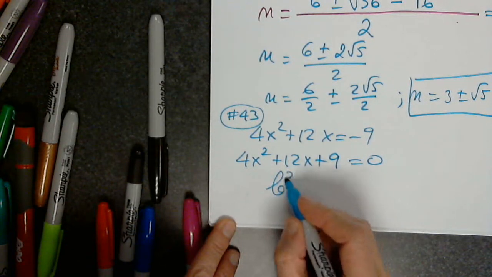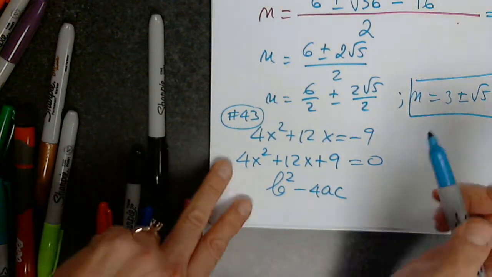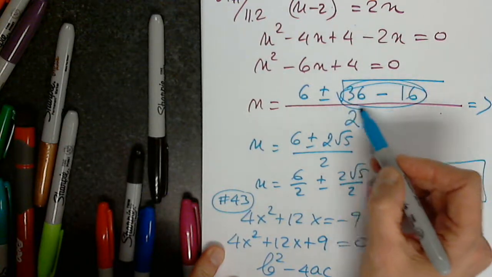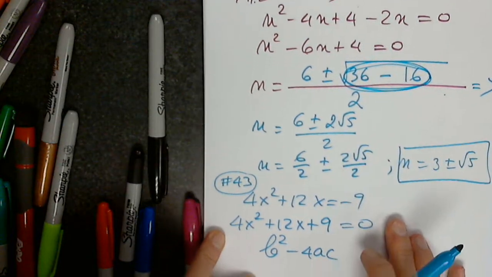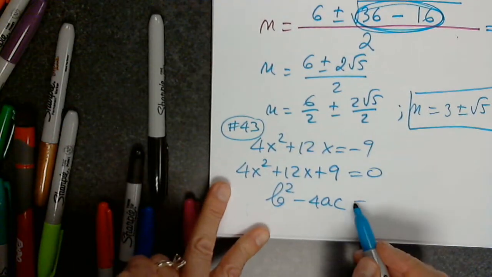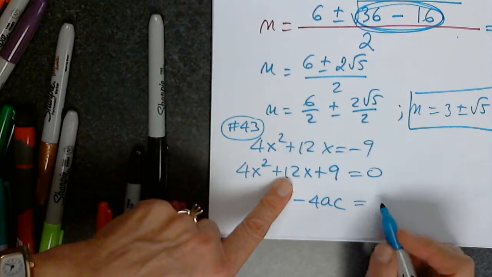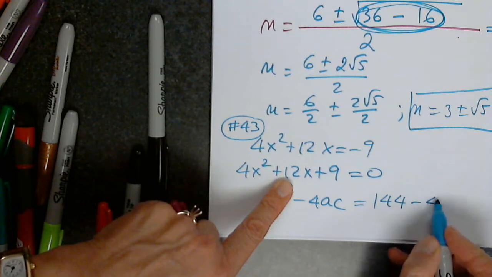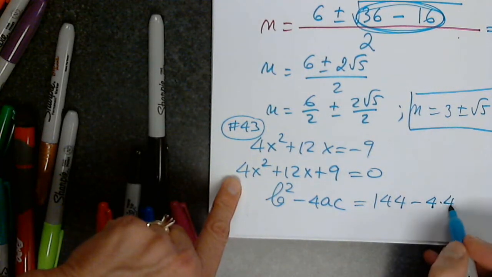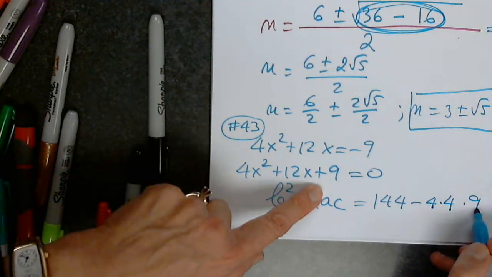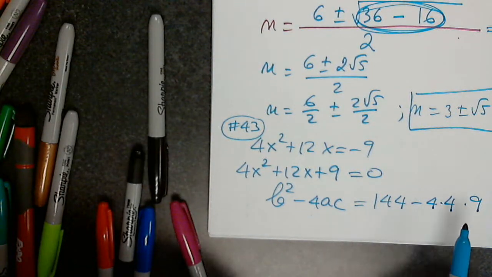And the discriminant, if you remember, is this quantity. This is the discriminant, which is b squared minus 4ac. B squared is 12 squared, which is 144, minus 4 times 4 times 9, minus 4ac.